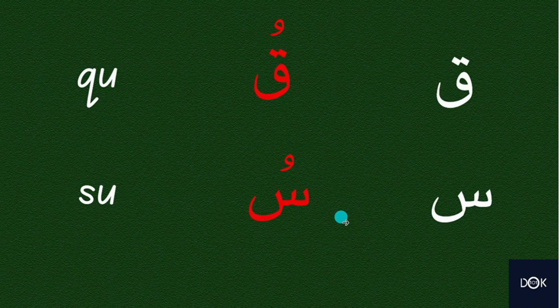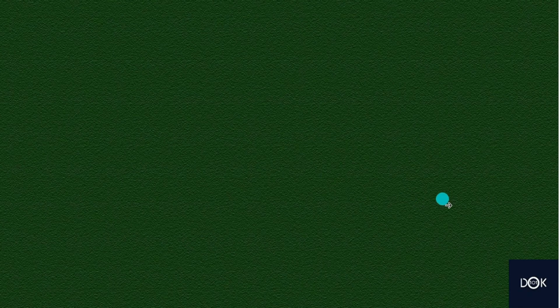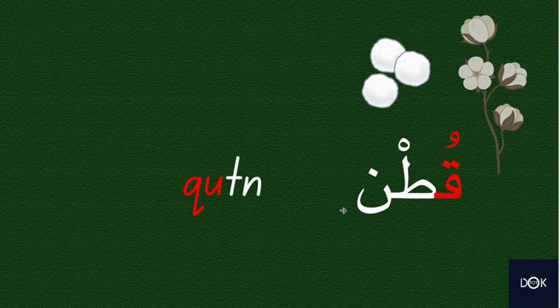So Qu and Su. Alright, so using a letter with a Ḍammah in a word, the word here is qutun, and qutun is cotton in Arabic, and the English word cotton has in fact been derived from the Arabic word qutun. Now notice the formation of Ḍammah.